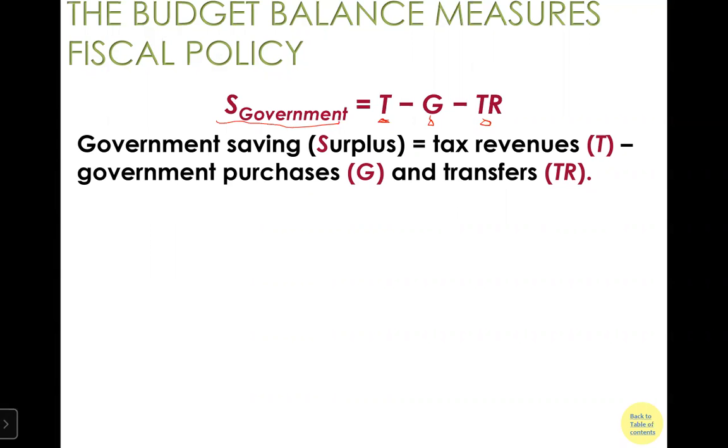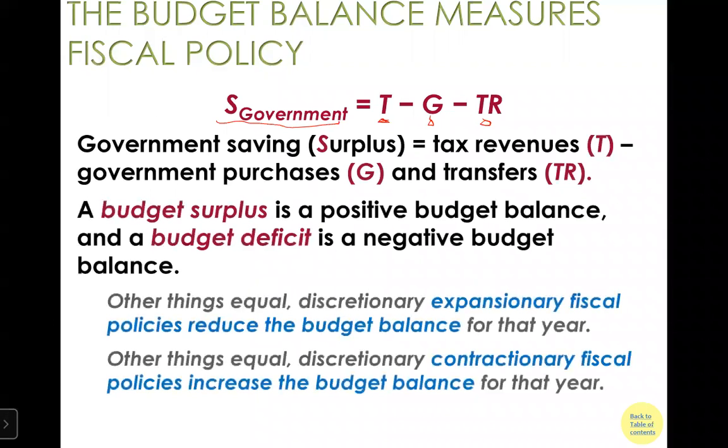Now, if this equation gives you a positive number, meaning you have more income than what you are going to spend, in that case the government is running a surplus, right?